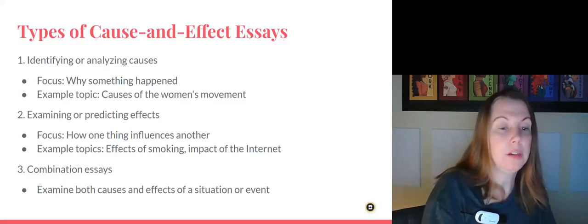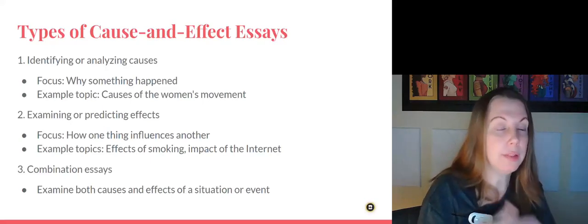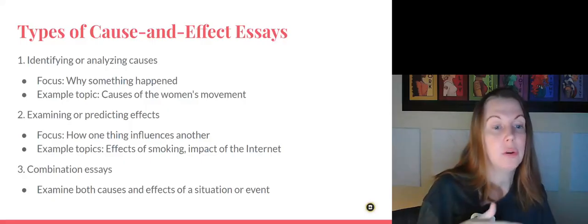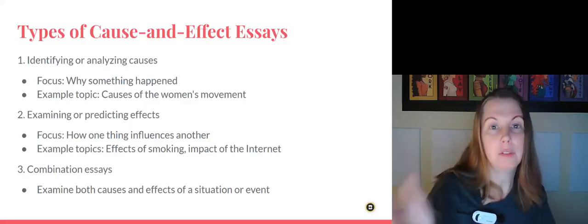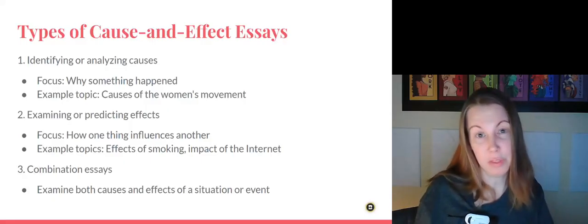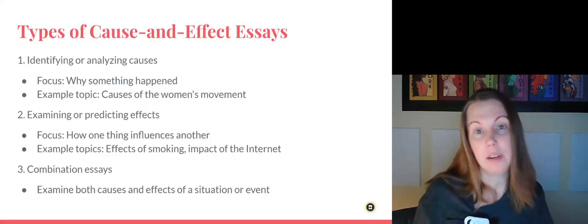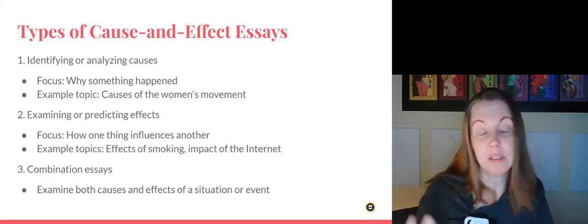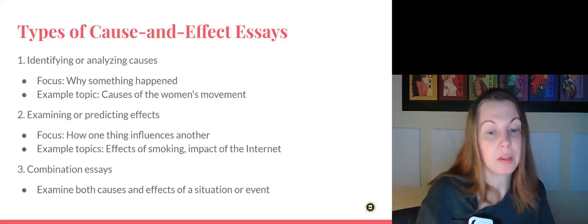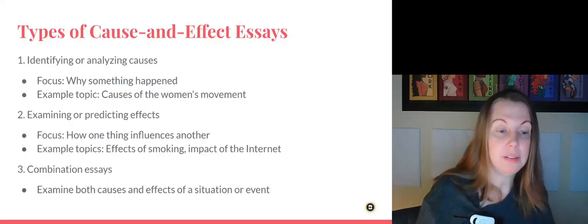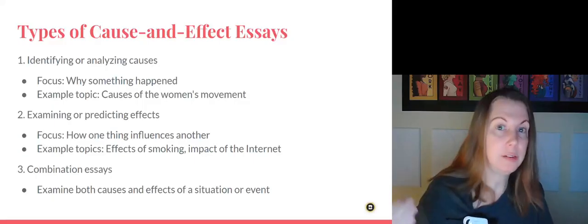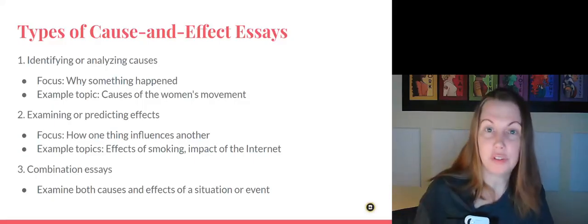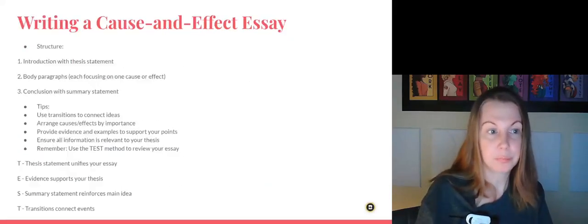You can also do examining or predicting effects, like how one thing influences another. For instance, the effects of smoking on health, and the impact of the internet, which can influence people physically, emotionally, and mentally, all of it, right? Combination essays examine both the causes and effects of a situation or an event.